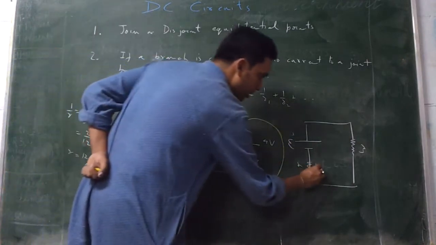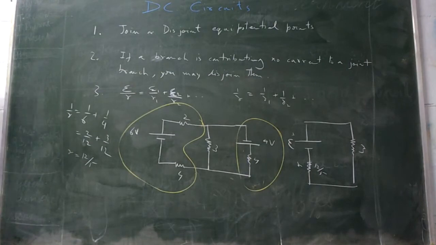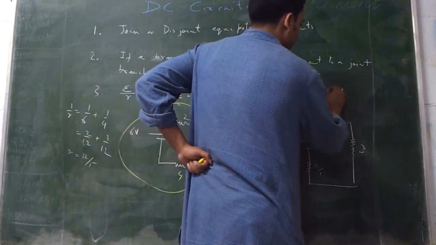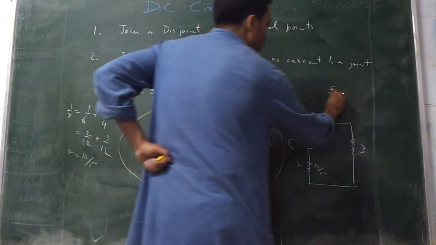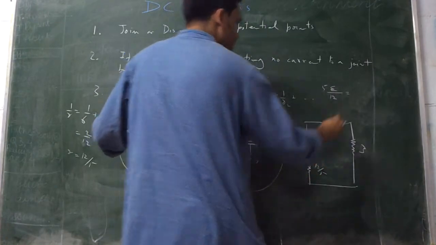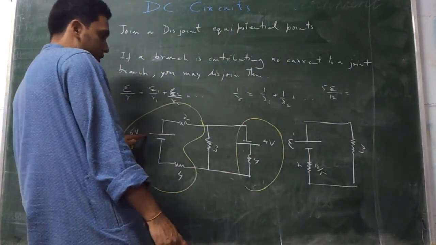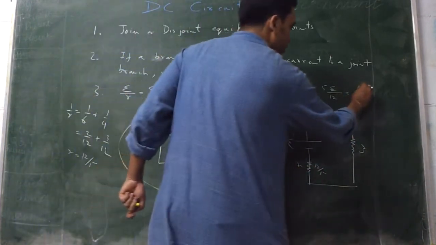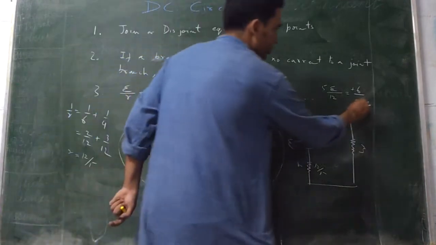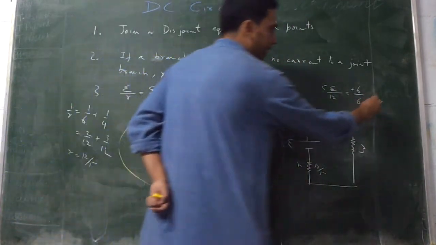So we have this as 12 by 5, and the EMF of the battery will be given by E upon 12 by 5 is equal to, E1 is 6, since we have taken this as plus and this is also in the same direction, same polarity, upper one is plus, so 6 plus 6 divided by the internal resistance of this, which is 6, and this one is in opposite polarity, so we will take it as minus.